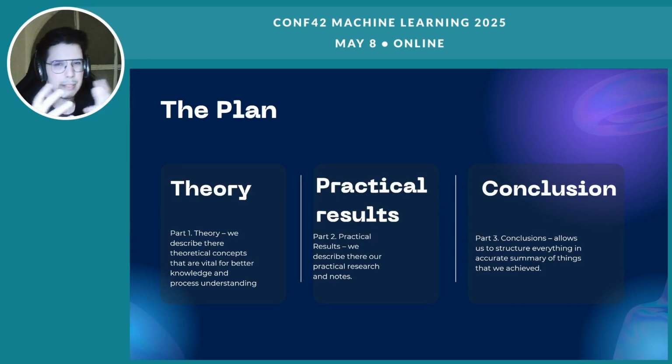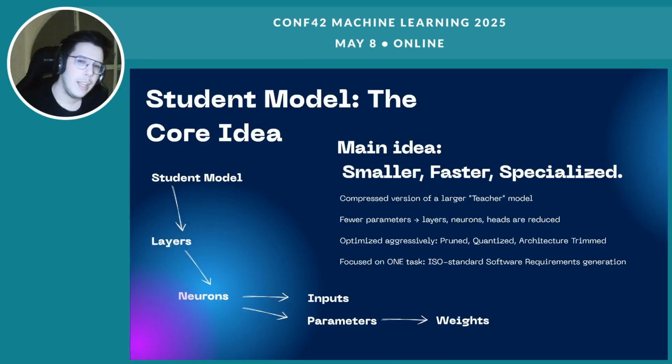Let's start with the plan. It will be a really simple one. First of all, we are going to cover the theory, then the practical results, and the conclusion. So let's start with the theory. First of all, we're going to look at the student model concept, the core idea.